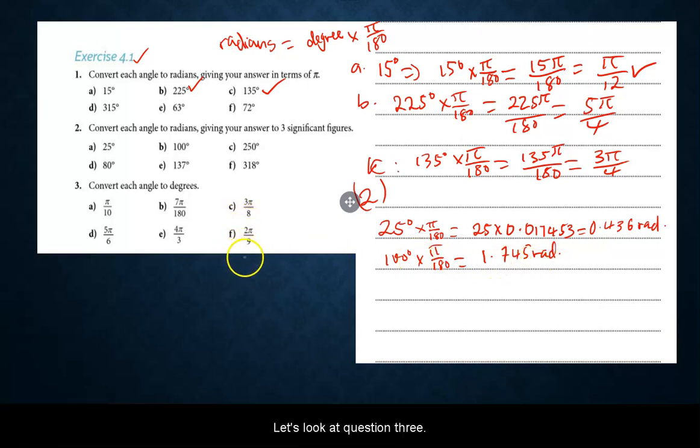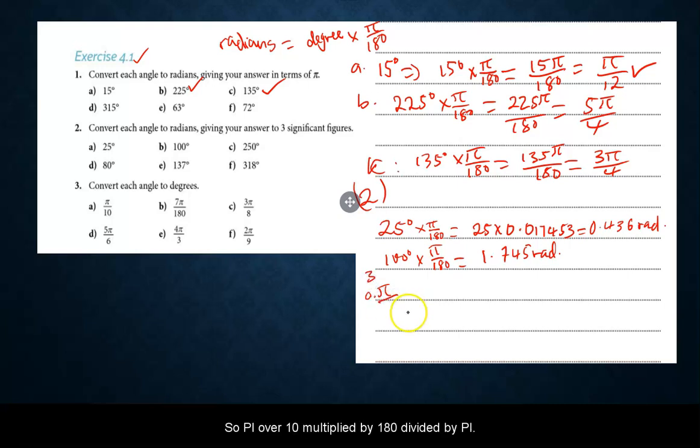Let's look at question 3. We are supposed to convert each angle to degrees. Again, now we take the inverse. Instead of pi over 180, we take 180 divided by pi. So in question 3, part A, we have pi over 10.